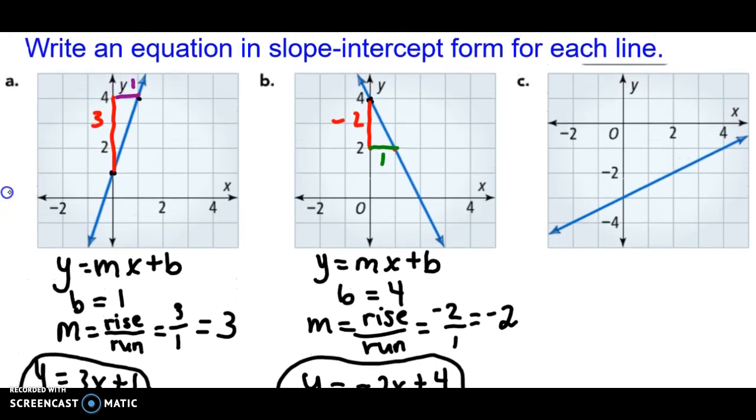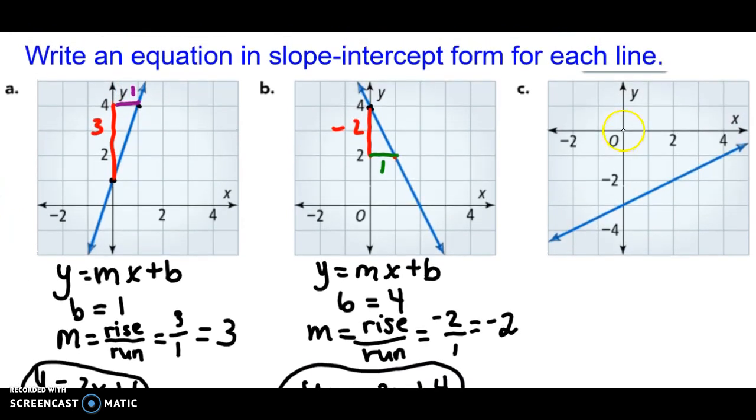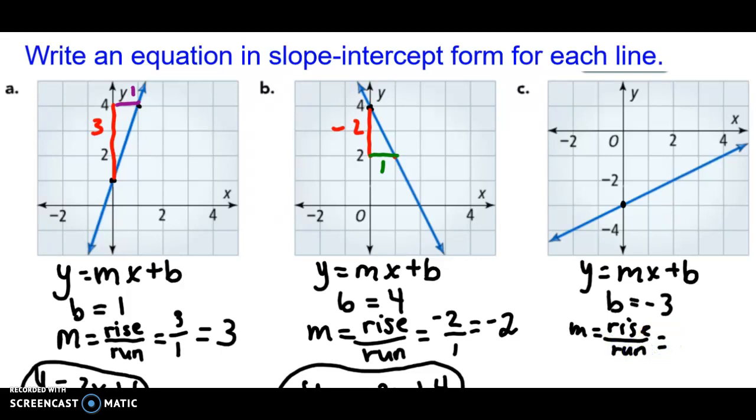Part C. Again, y equals mx plus b. Locate our b value, which in our case is right here where our graph crosses the y-axis, which is at -3. Then we look for our m, which is rise over run. So we rise, let's check and see, there's our point that crosses the grid.